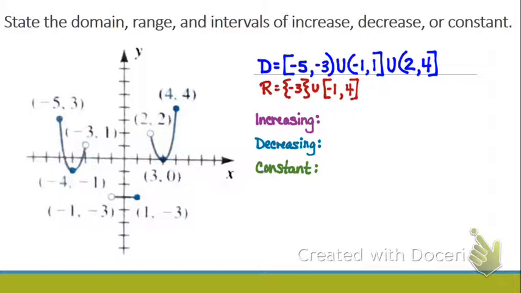So my range has to tell me all the possible y values that I would get. So it's possible that I get -3 as a y value, right? Because I see those points plotted down here. Is there anywhere on this graph that I would get an output, a y value of -2?